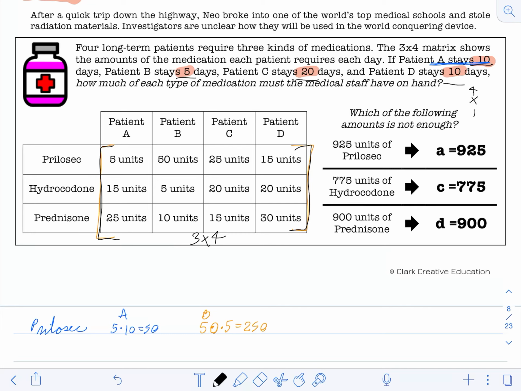So if it's a 3x4 matrix and a 4x1 matrix, the columns here match up with the rows here, and my result is going to be a 3x1 matrix. We could definitely multiply it that way.